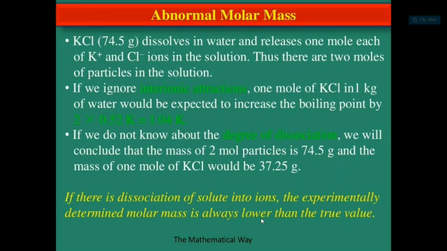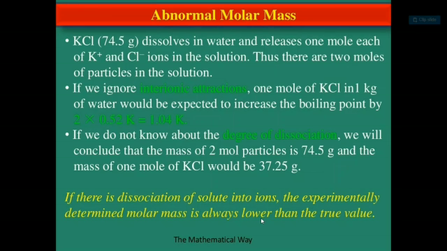If we do not know about the degree of dissociation, we will conclude that the mass of 2 moles of particles is 74.5 gram and the mass of 1 mole of KCl would be 37.25 gram. But actually the mass of 1 mole is 74.5 gram.